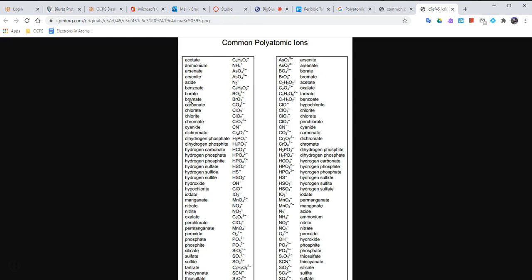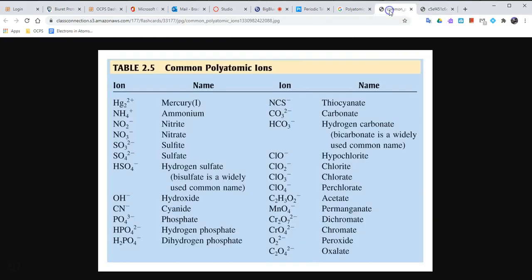So I want you to make sure that you have this cheat sheet somewhere close, either in your bookmarks or in a tab that you can open up, because throughout this year, you're going to have to work with these at least a little bit. There are some that I am going to expect you to know, though.